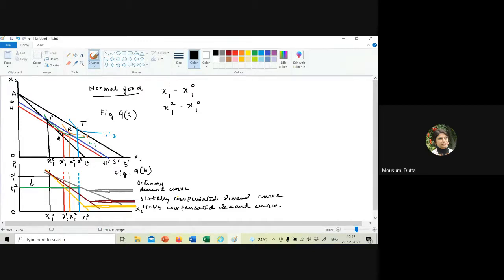The difference between the Hicks and Slutsky substitution effects is x1 2 minus x1 1.